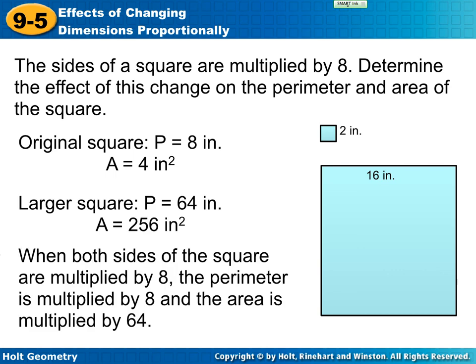Okay, what should be happening is the perimeter gets multiplied by 8. And I'm not asking you what is the perimeter, just what's gonna happen to it. The perimeter is going to get multiplied by 8, and the area is gonna get multiplied by 64. Not what is the perimeter, but what's gonna happen to the perimeter.